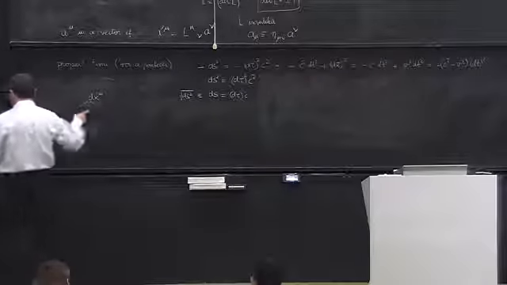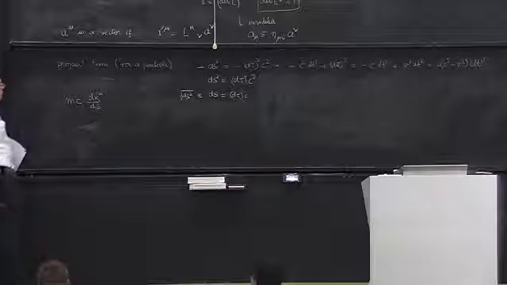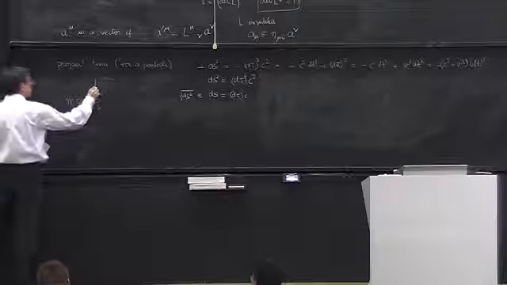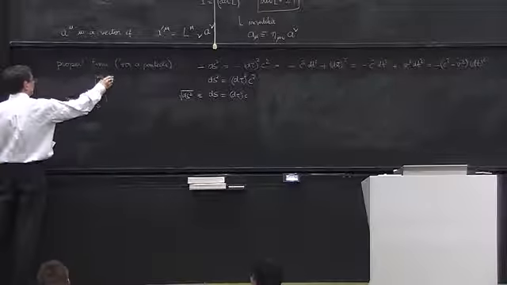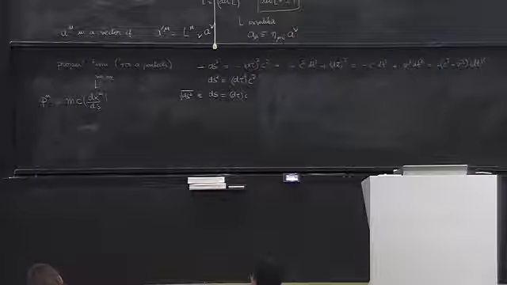So this is a relativistic velocity, and in order to have units of momentum, you put an mc. This has no units. And this is the relativistic momentum. It came out from there.